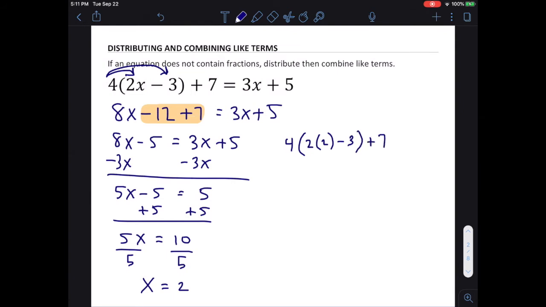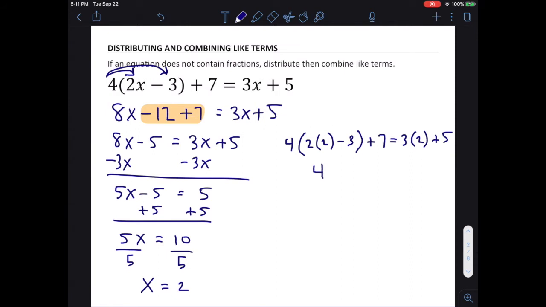Okay, so we have plus 7 equals 3 times 2 plus 5. Okay, and so I'm just going to simplify as much as I can here, and I'm going to do several steps at once just because I think you're capable of doing that. So inside these parentheses here, 2 times 2 is 4, 4 minus 3 is 1, and 4 times 1 is 4.